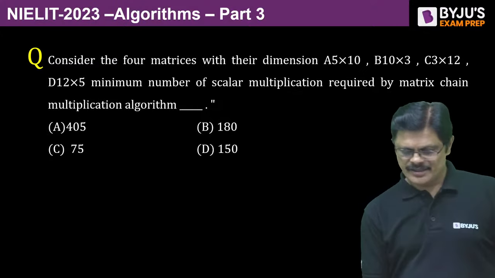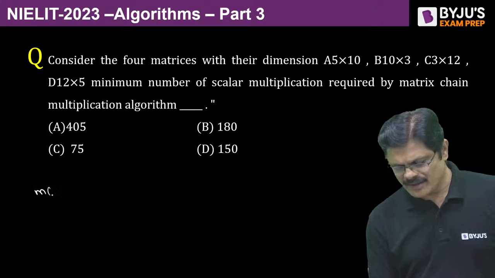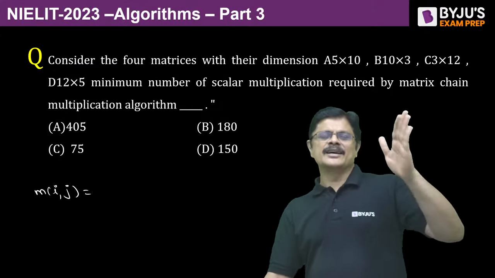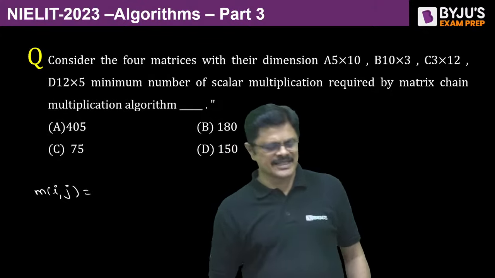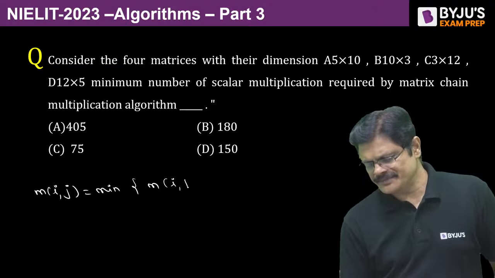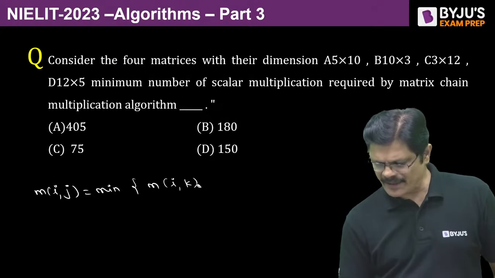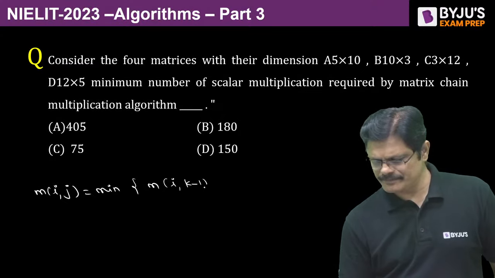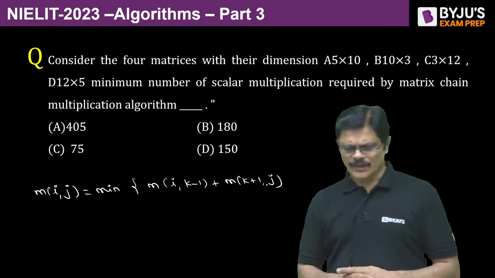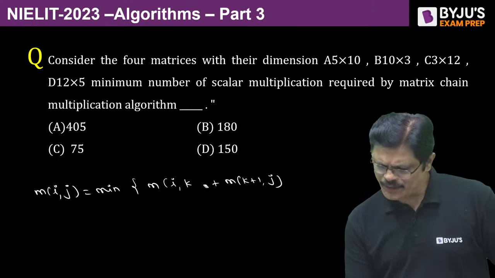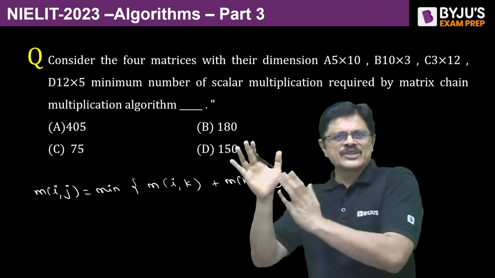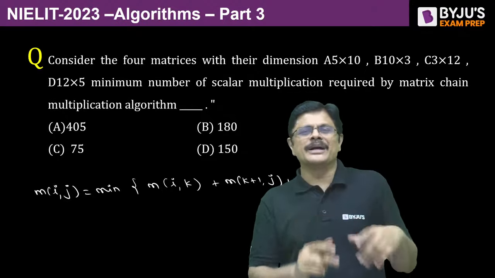Please note that. See here, this is the formula. The M[i][j] formula, that is the minimum number of multiplications required to multiply the matrices from Mi to Mj, is given by the minimum of M[i][k] plus M[k+1][j] plus the number of multiplications required to multiply these two matrices.